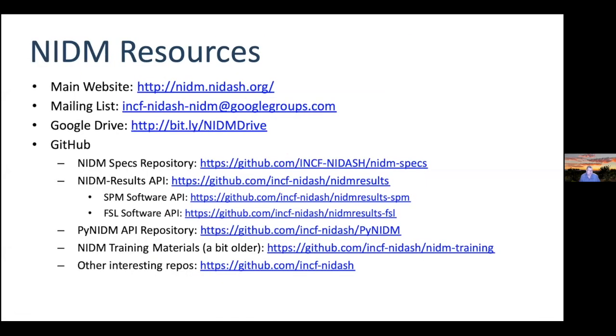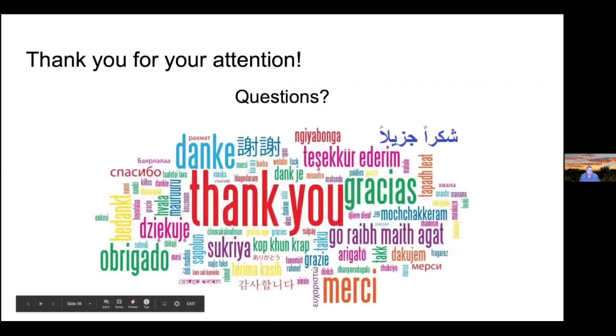And there are also a whole number of resources on NIDM, including the repositories, the PyNIDM itself. There are some NIDM training materials, and then there are other associated repos. So again, lots of information, and I think I have finished within time, leaving a little bit of room for questions.